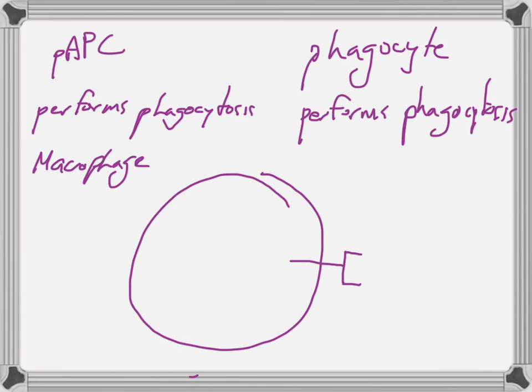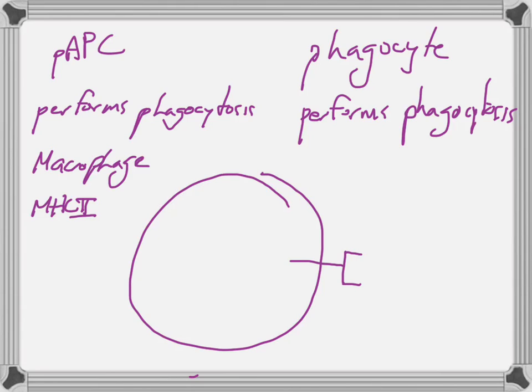Helpers. And helpers have what co-receptor? CD4. And CD4 binds to what? MHC2. Perfect. So professional antigen presenting cells are cells that express MHC2.